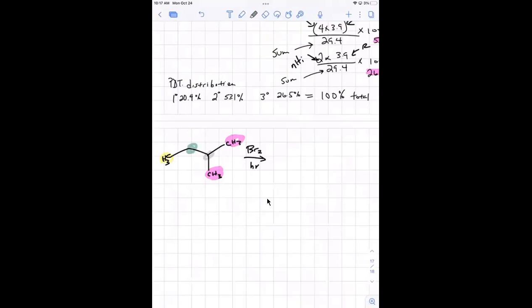All right. So what are my products? If we're doing radical substitution with bromine under UV light, what products am I going to get from this? Without going through the mechanism, initiation, propagation, termination. What are the products?